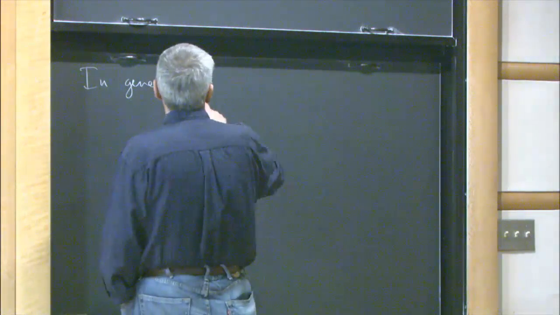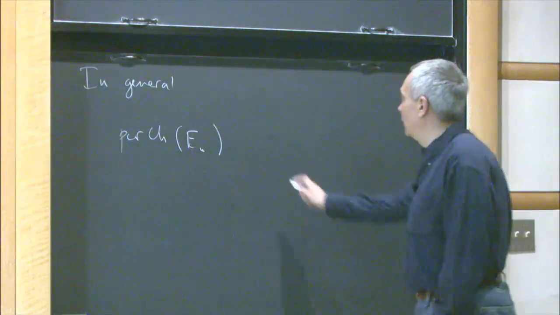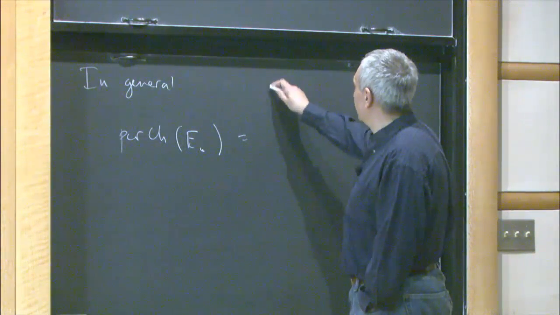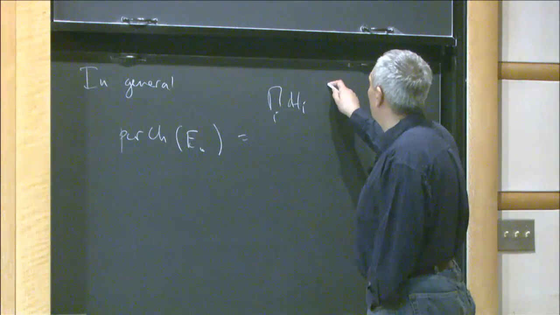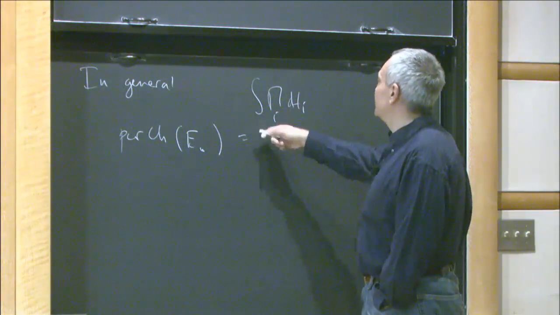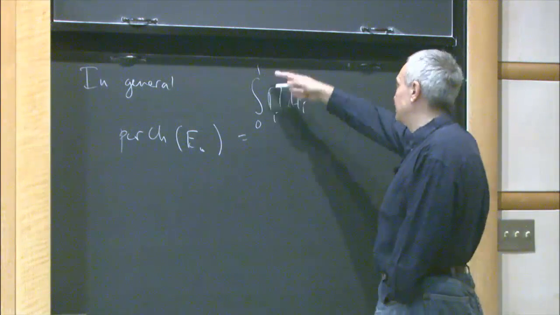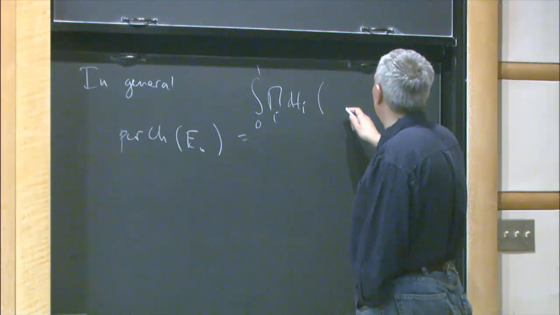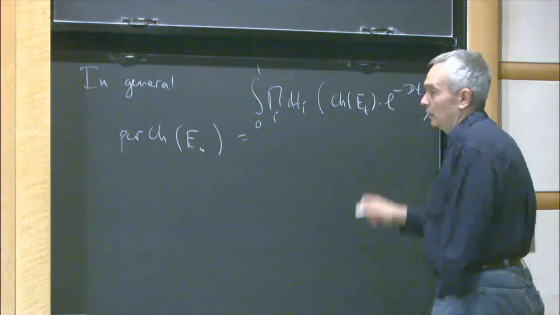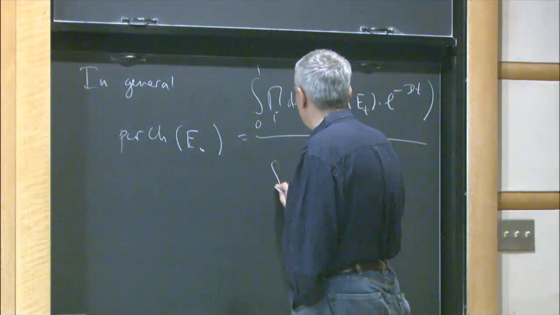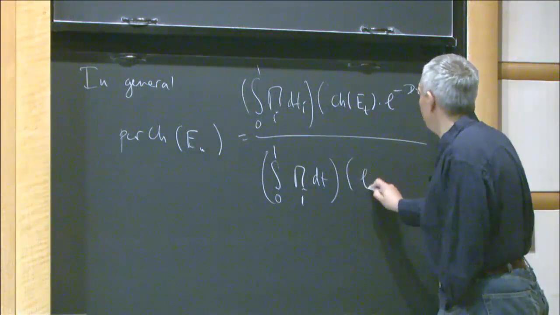The parabolic Chern character of a bundle E dot is given by the integral over all components dt_i, from 0 to 1 or from -1 to 0, on any interval of length 1, of the Chern character of E_t times e to the negative dt, and then you normalize by the integral of e to the negative dt.